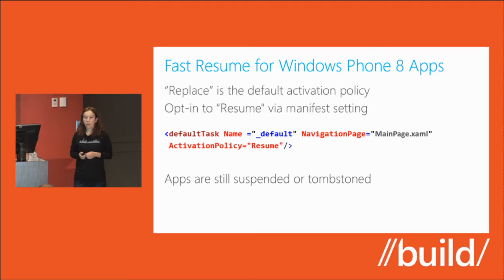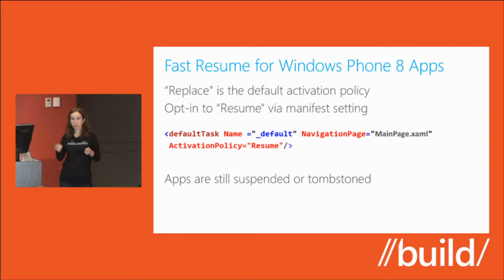And for applications that don't do that, as well as for 7.x applications, the activation policy is still replace. This is the 7.x replace activation policy, where the existing app instance is replaced with a new instance when the user taps on the tile on start. Now, fast resume gives you exactly that, the ability to resume your application fast from start.